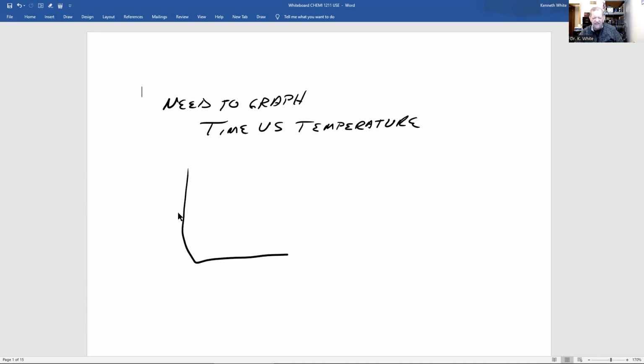And you'll have a graph, with your independent variable on the x-axis and your dependent variable, temperature, on the y.